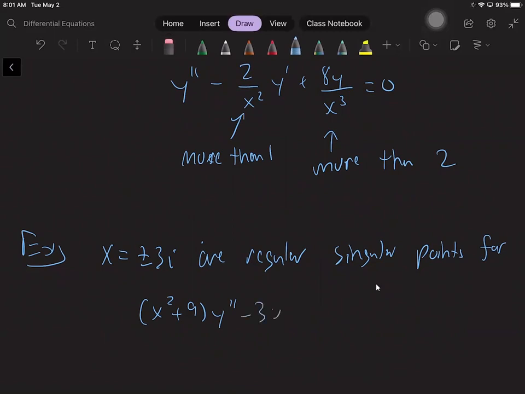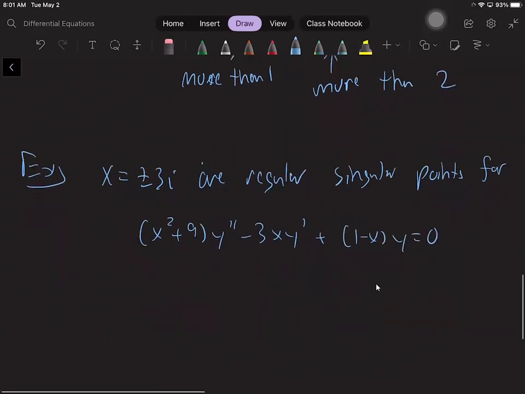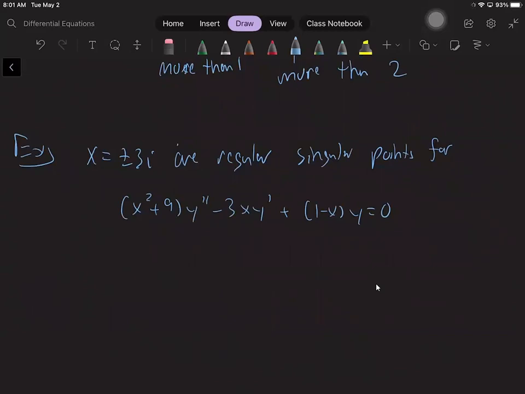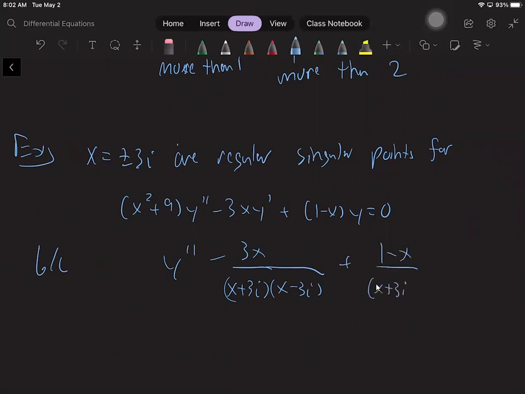So you get this. And they're singular because they cause division by 0 again, but they're regular because when you divide it out, for both of them, you don't have too many powers. So you only have 1 power for each, which is what you need for this to work.